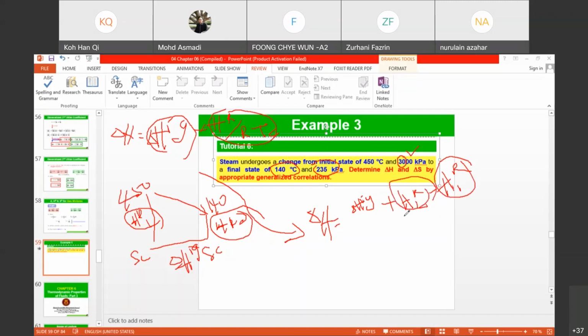So if you look at it, HRB stands for the residual enthalpy for the virial.